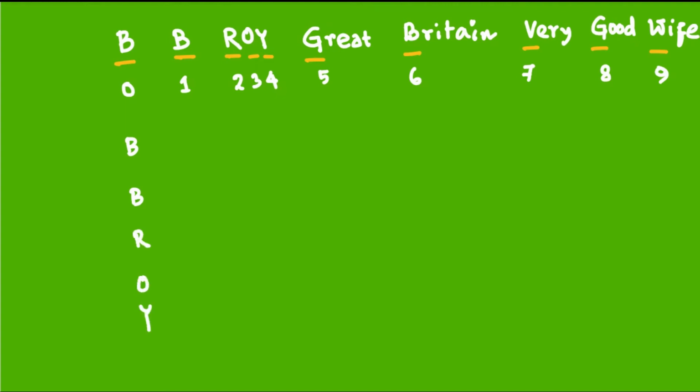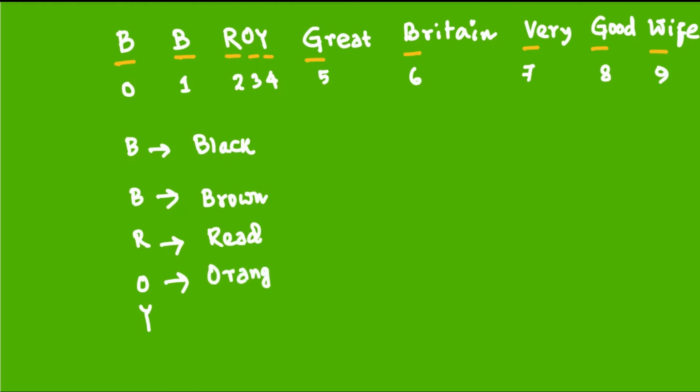B.B. Roy: B for black, next B for brown, R for red, O for orange, Y for yellow, G for green.